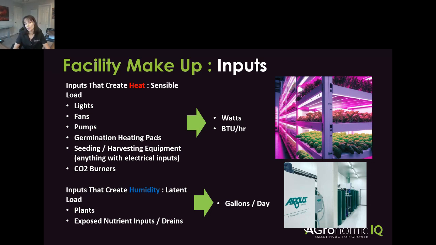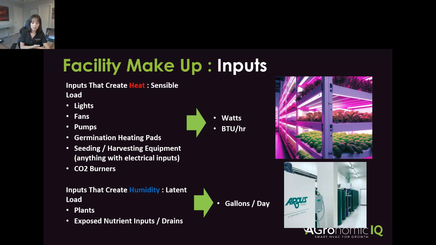Or if you're working with a racking provider, I always highly recommend having the discussions of, hey, what data do you guys have of when this rack is fully populated with this cultivar? In one day, how much nutrient replenishment is necessary throughout the growth cycle?